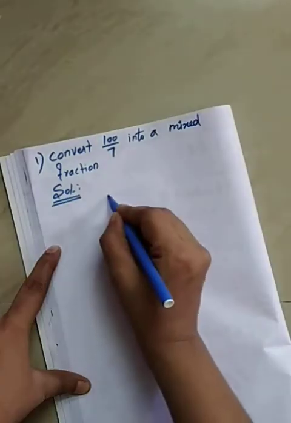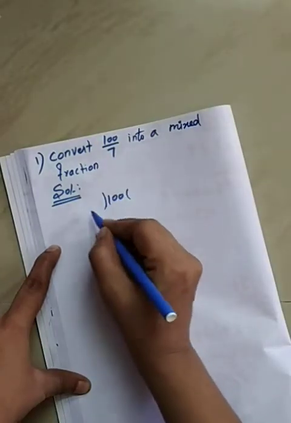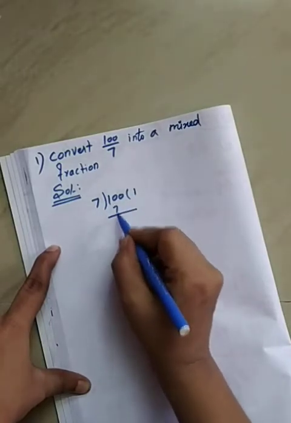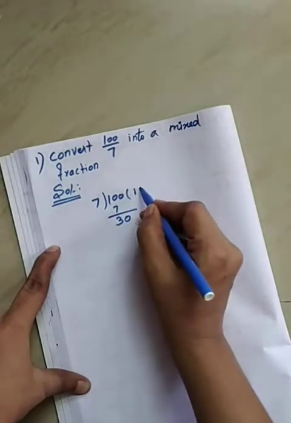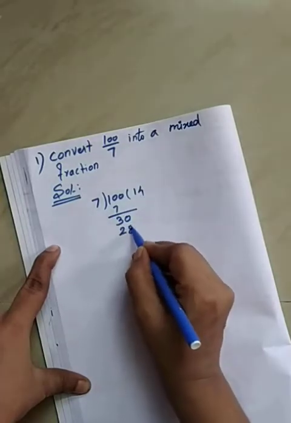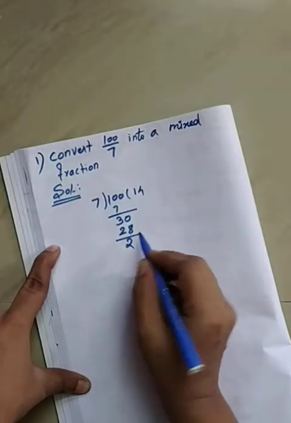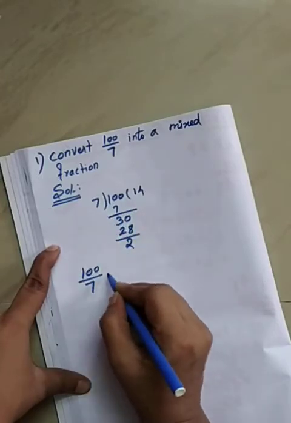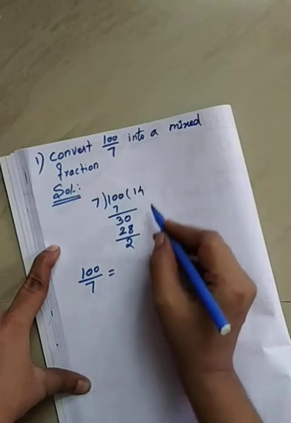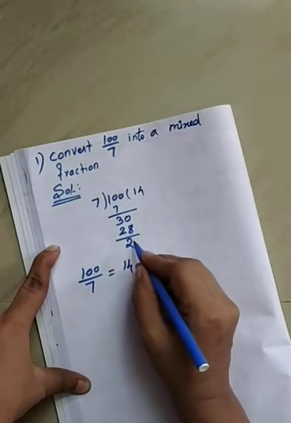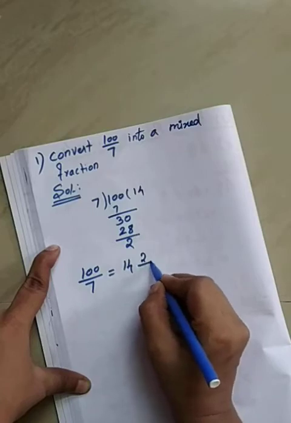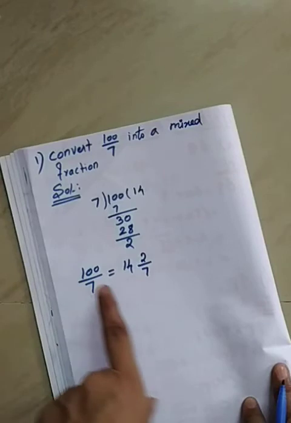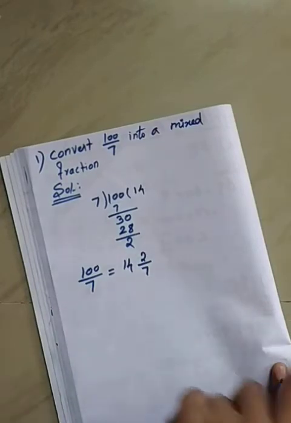See here, 7 14s are 98, and then the remainder is 2. So you have to write 100 divided by 7 as the quotient, then the remainder divided by this value 7. Now you can change it to the mixed fraction.